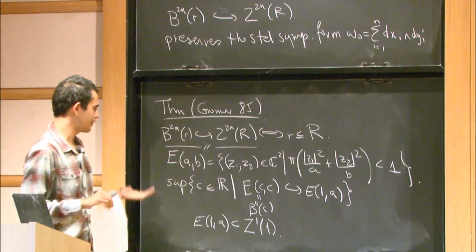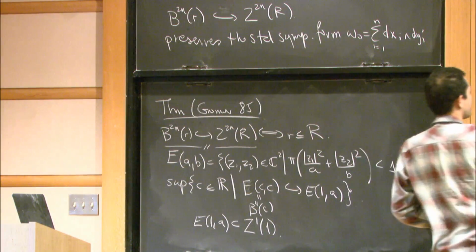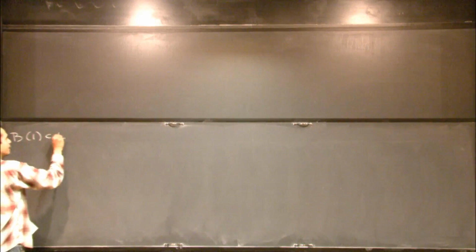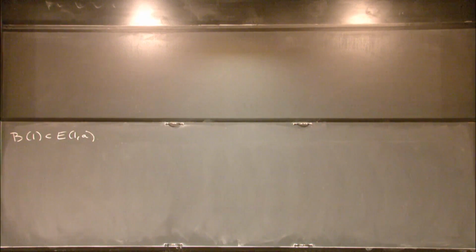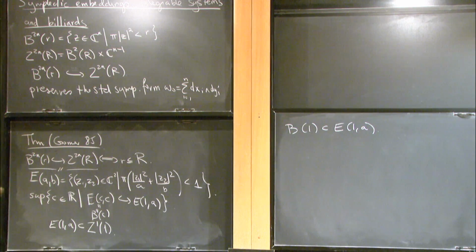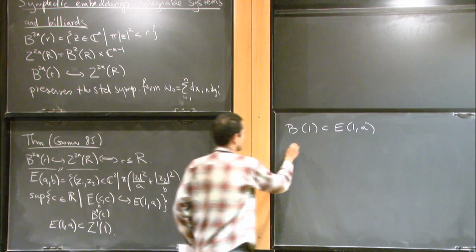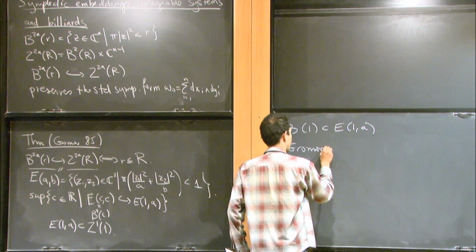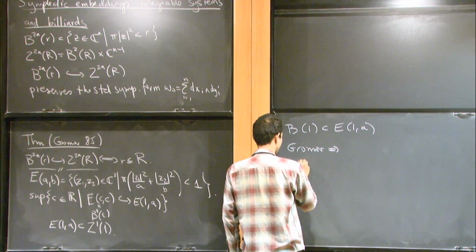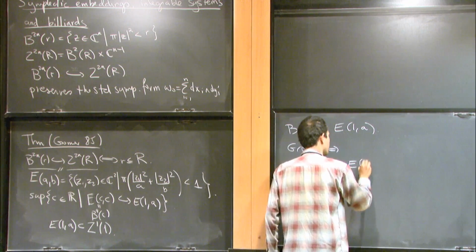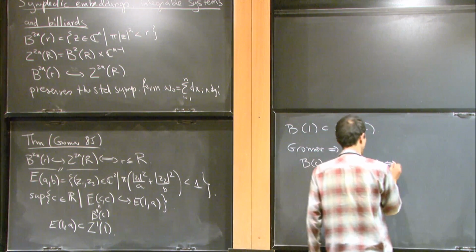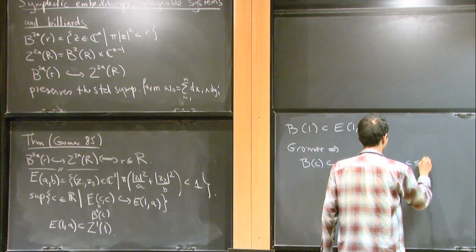But on the other hand, it's clear that B1 is contained in E(1,a). So a straightforward application of this theorem tells you that this function is constant, equal to 1. Basically, Gromov implies that B(c) embeds into E(1,a) if and only if c is less than or equal to 1.